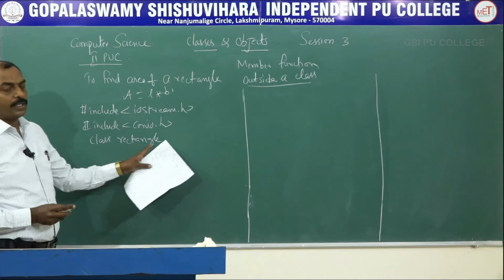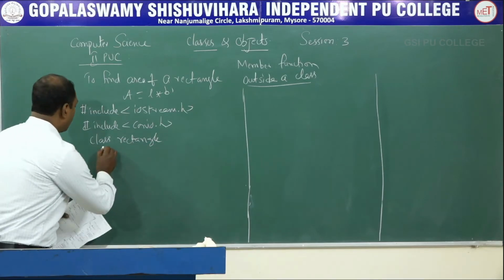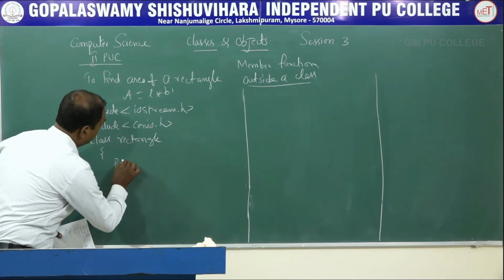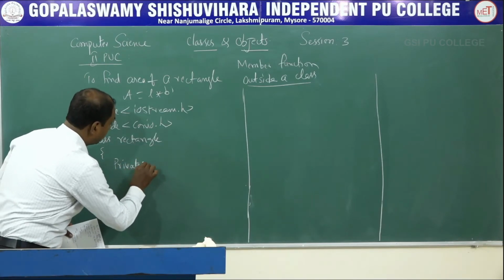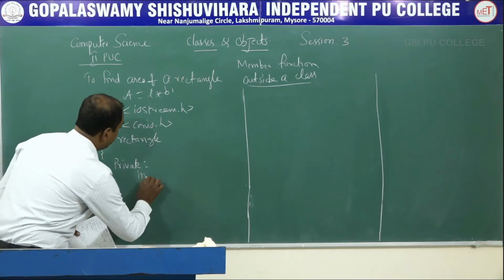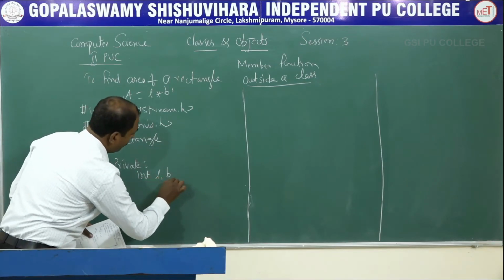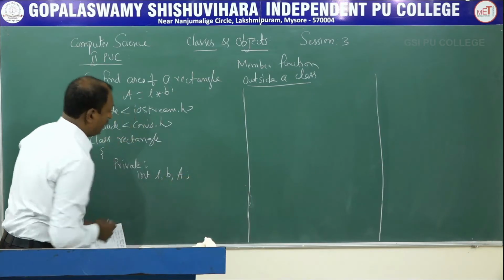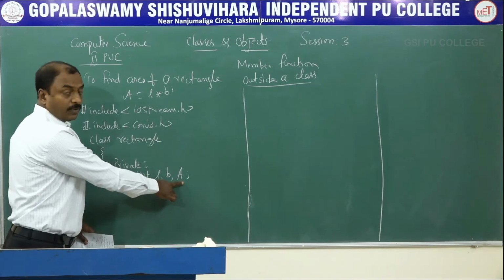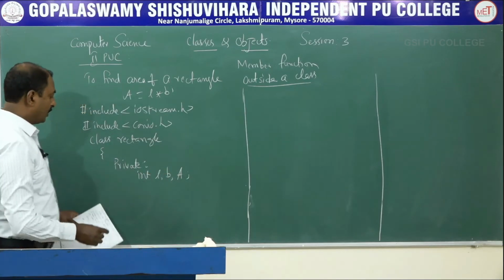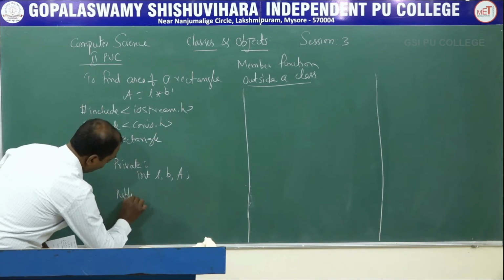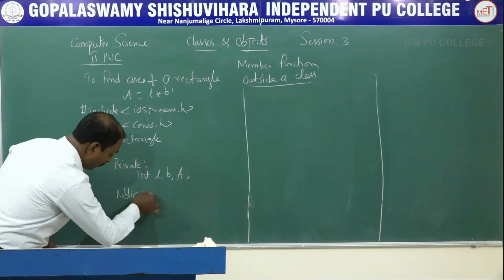Here rectangle is the name of a class. Open this flower bracket. Declaration of variables under private access specifier, private colon, variables int L, B and A. L for length, B for breadth and A for area. After this, under public we have to write the functions.